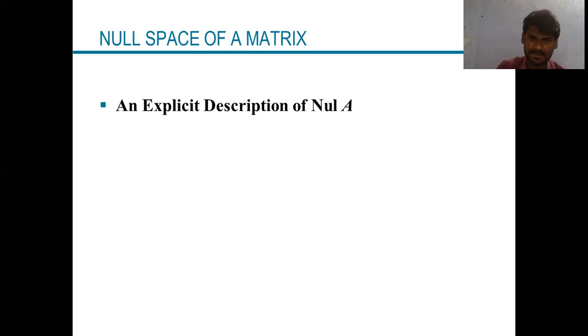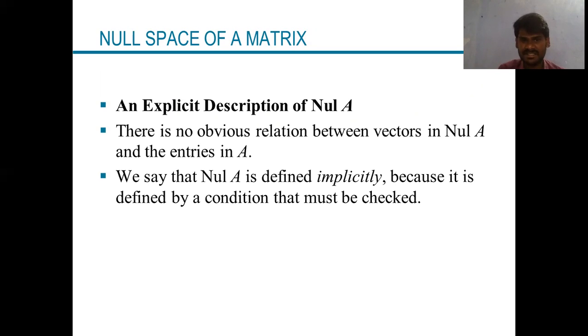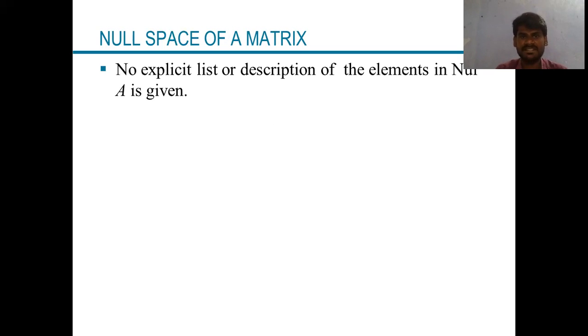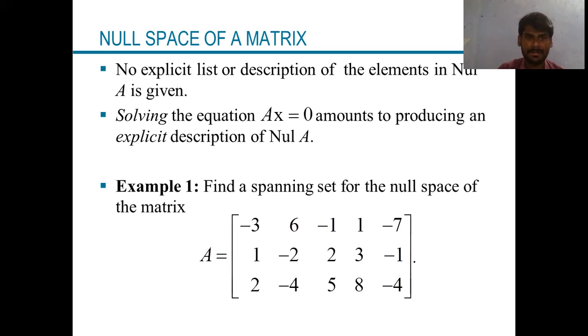Next, an explicit description of Nul A. There is no obvious relation between vectors in Nul A and the entries in A. We say that Nul A is defined implicitly because it is defined by a condition that must be checked. No explicit list or description of elements in Nul A is given. Solving the equation Ax equals 0 amounts to producing an explicit description of Nul A.